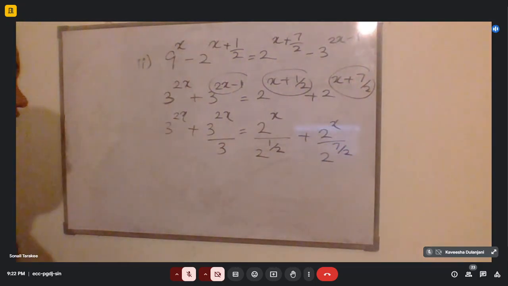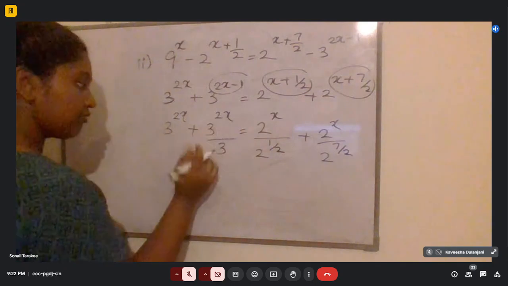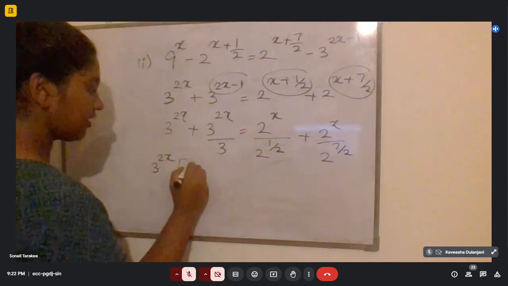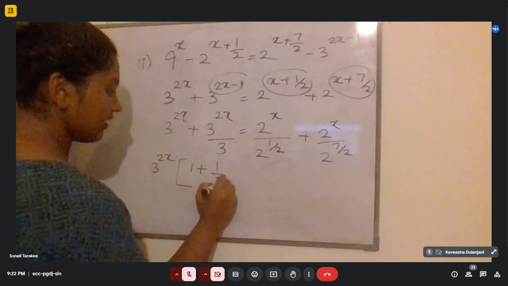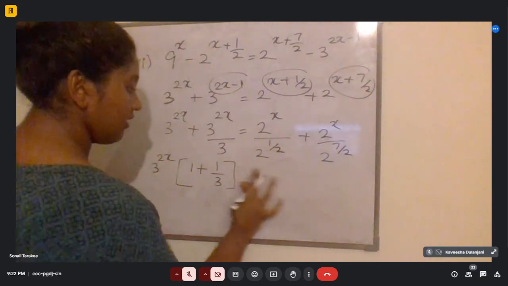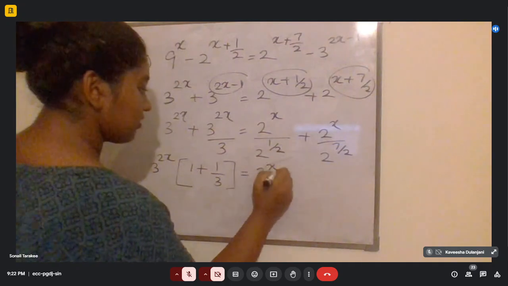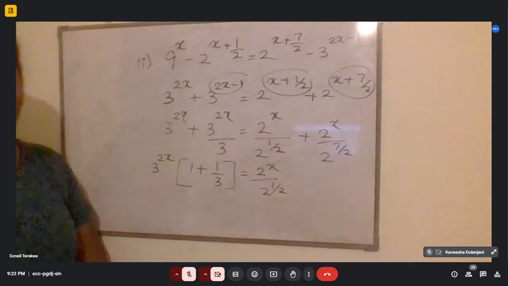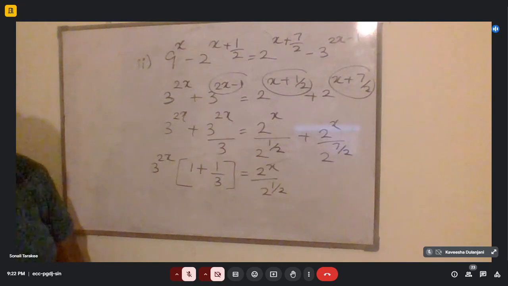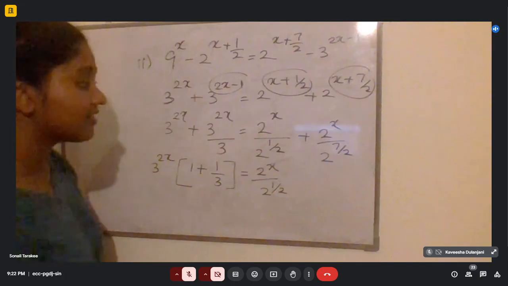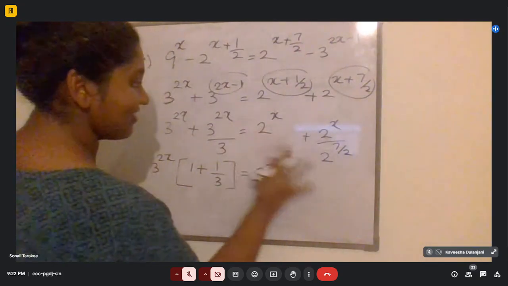Likewise. Now we can take 3 to the power 2x out. So once you take it out, 1 plus 1 over 3 plus, here you can take 2 to the power x out, that's division, 2 to the power x over 2 to the power half.